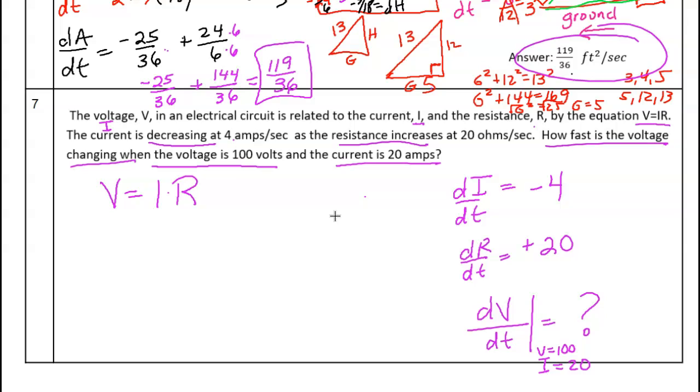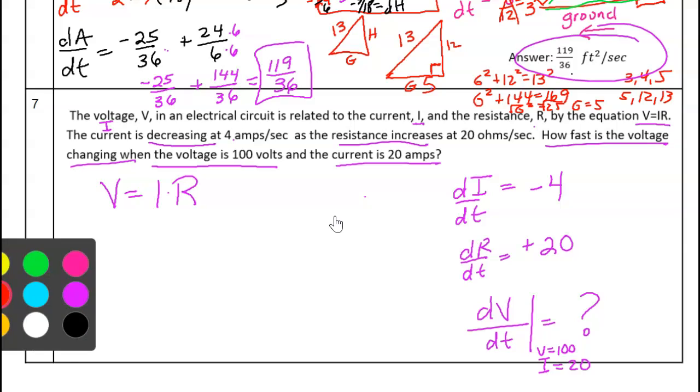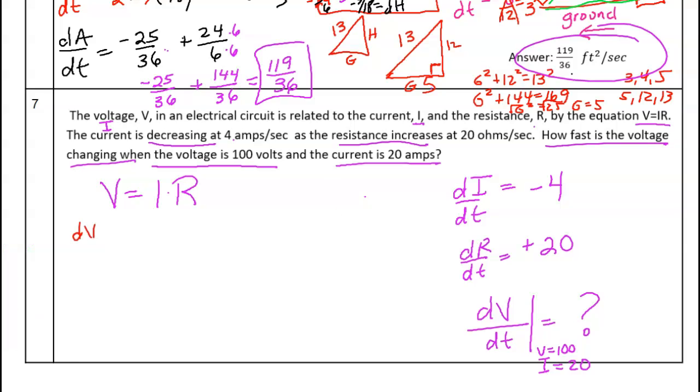So there's nothing I can substitute now because nothing's staying the same. So we want to start with a product rule. So I get dV equals I dR plus R dI.